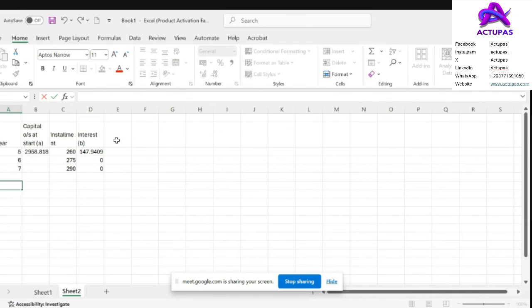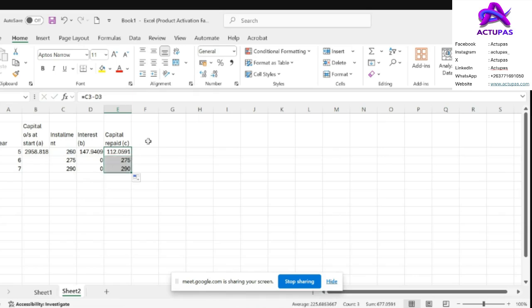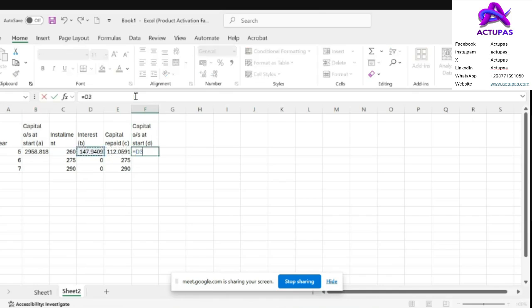And then our capital repaid. This would be our C. So our capital repaid is the installment minus interest. Write it like this. And then the capital outstanding at end of the year, this is our D. We can write it as equal to capital outstanding at the start minus your capital repaid.